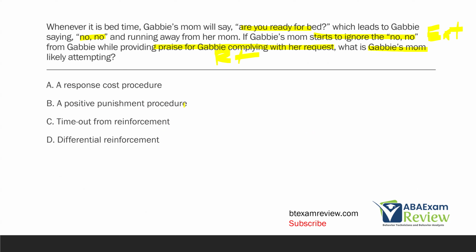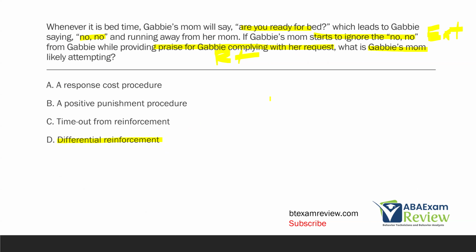She's just withholding reinforcement for the no, no. She's using extinction. What about timeout from reinforcement? Again, Gabby's mom is not removing Gabby's ability to contact reinforcement. In fact, if Gabby complies, Gabby can easily earn reinforcement. So what Gabby's mom is very likely implementing will be this differential reinforcement procedure.